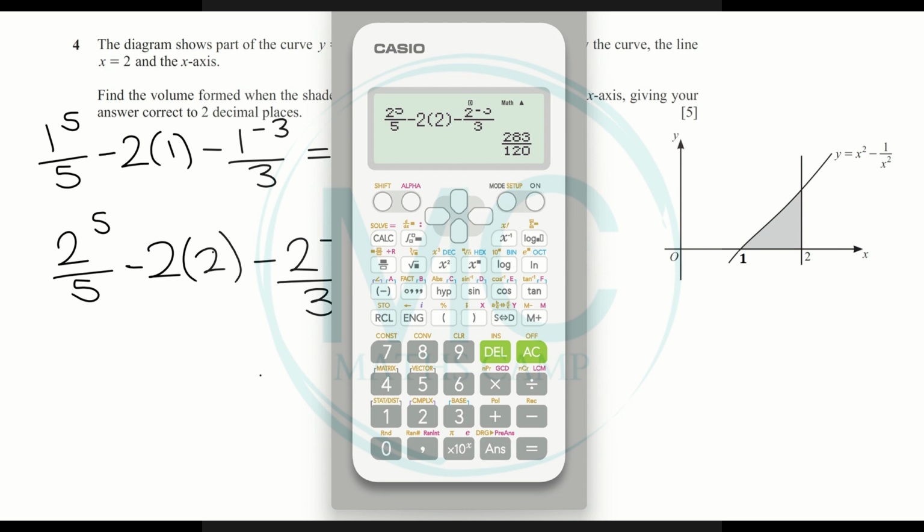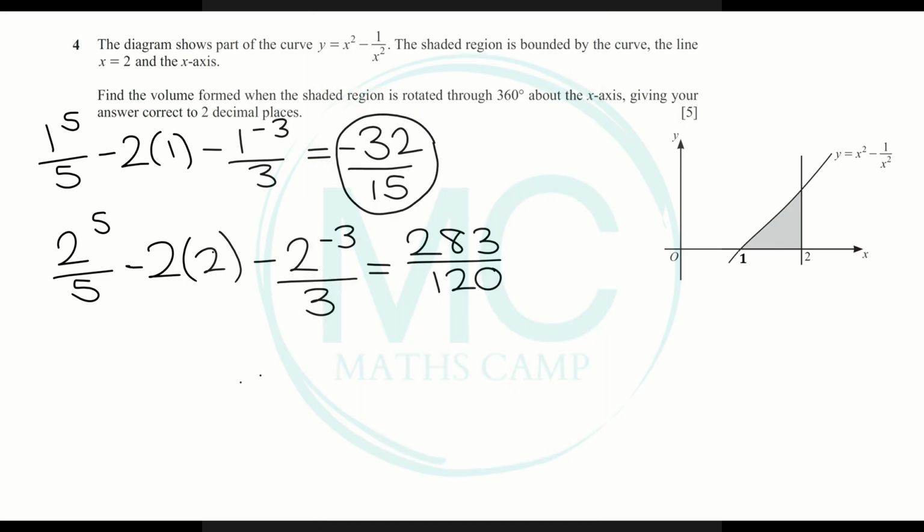We're going to subtract a negative, which means we can add 32 over 15 is equal to 539 over 120. So we can say 539 over 120. To finish our answer for the volume, we multiply this by pi.